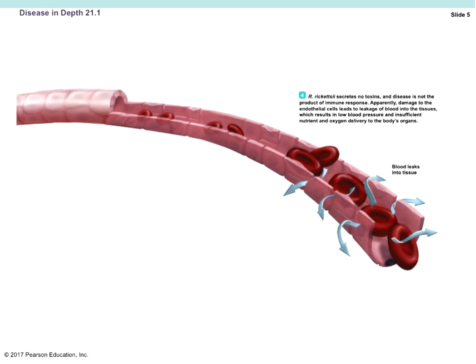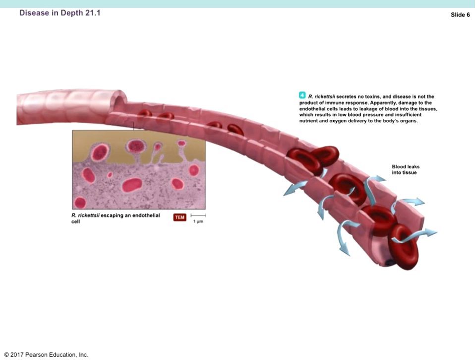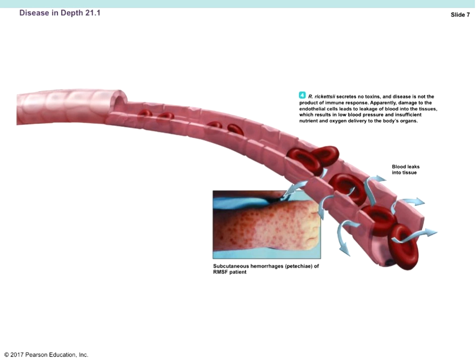And then also you have ineffective nutrients and oxygen supplies to other tissues as a result of not having adequate blood flow. So there's an actual picture from a transmission electron microscope of the Rickettsias that are escaping the endothelial cells.